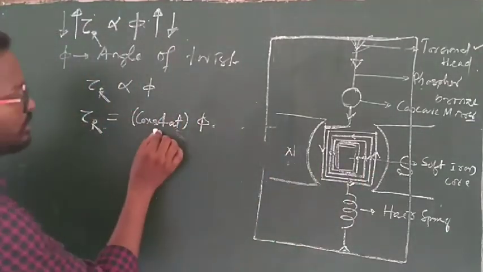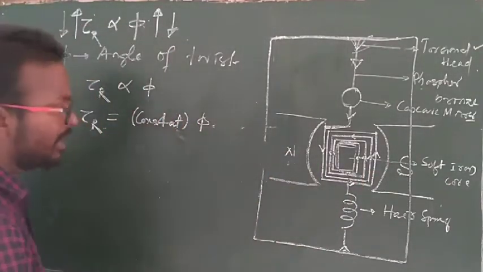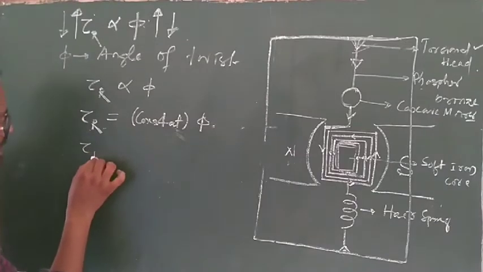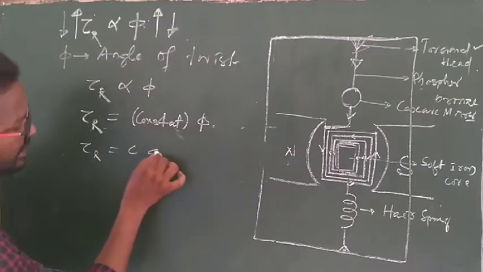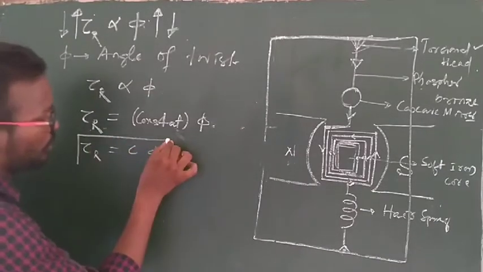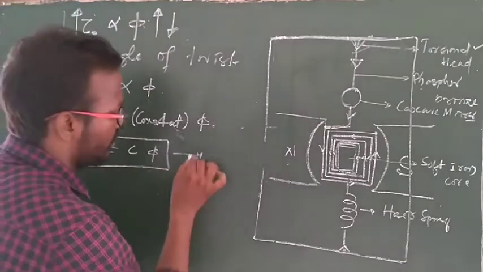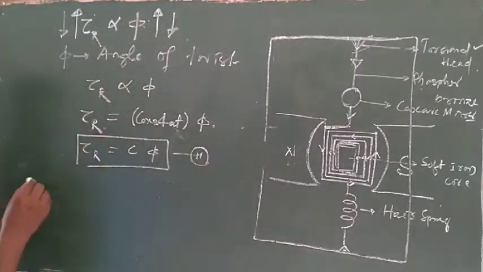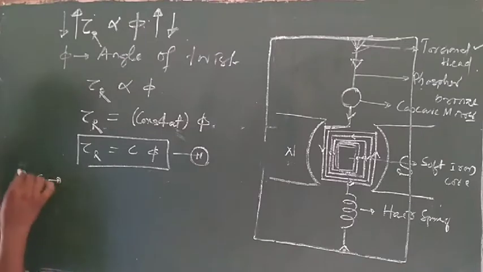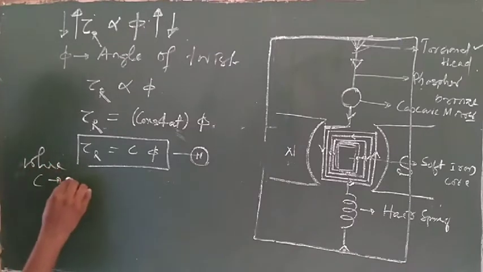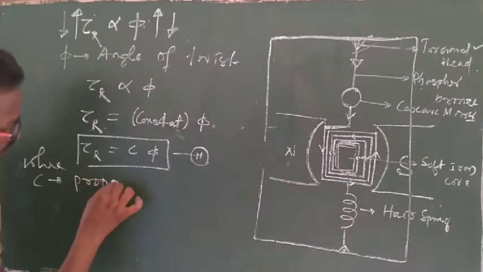So tau r equals c into phi. This is equation number 2. What is c? Here c is the proportionality constant.